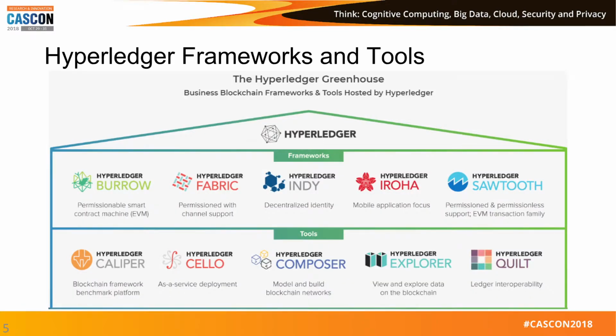So this is the full family of Hyperledger frameworks and tools. As you can see, Sawtooth is considered to be a framework of the Hyperledger incubator. We also have some tools and some other frameworks. All these frameworks and tools are based on blockchain technology, and I want to focus on two: Hyperledger Fabric and Hyperledger Sawtooth.